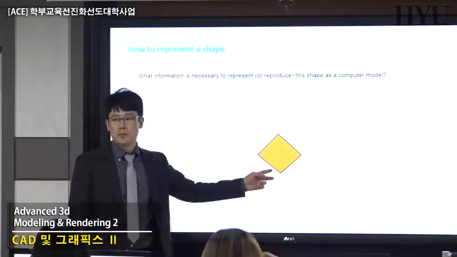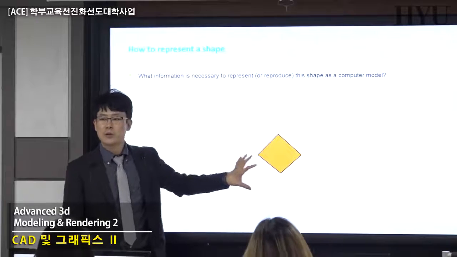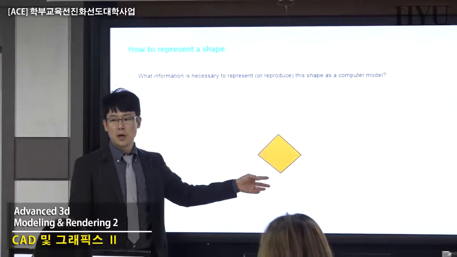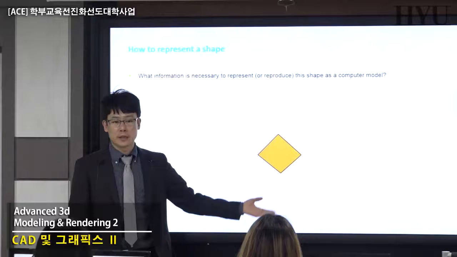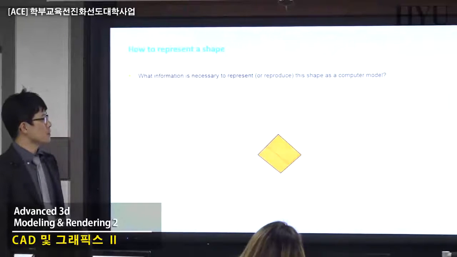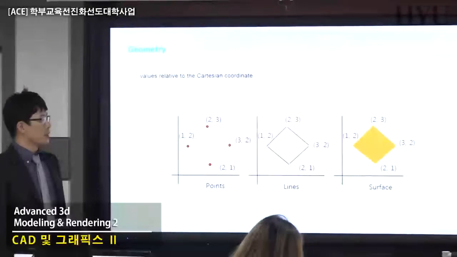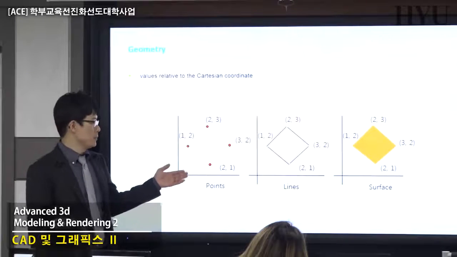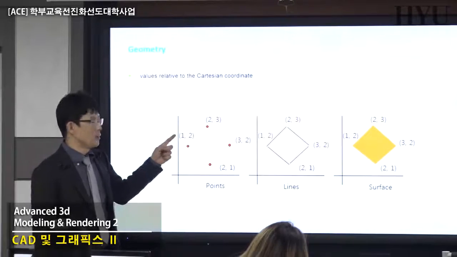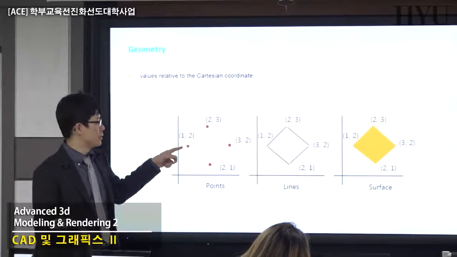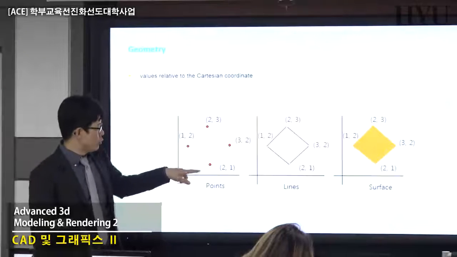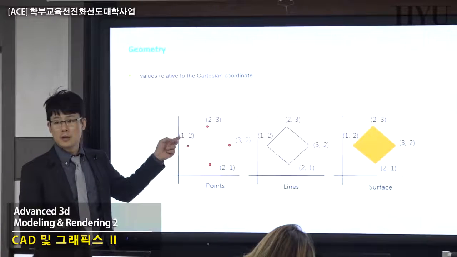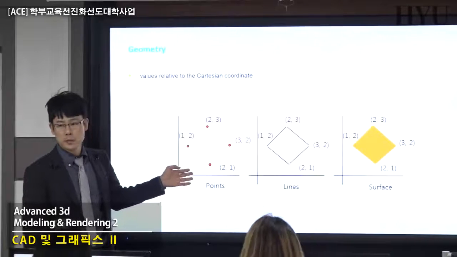Simple rectangle shape on your computer screen. To the computer, how to define this one? How to recognize this one as a rectangle shape? Theoretically and mathematically, it's simple. Firstly, the computer should understand there are 4 points, which have a Cartesian coordinate system, right? Totally mathematical, very simple.